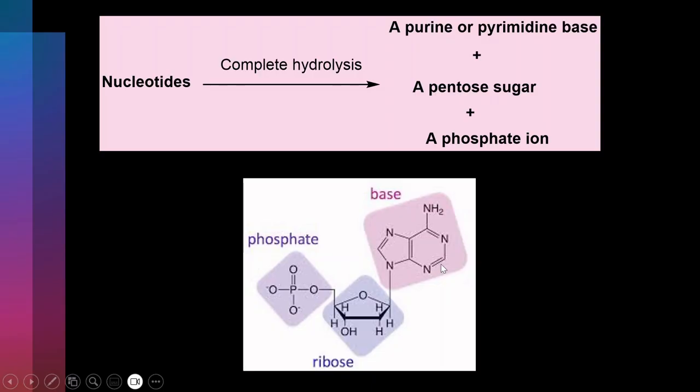Here, the heterocyclic base is linked to a pentose sugar, a sugar containing 5 carbon atoms or 5 ring members, and that is linked to a phosphate ion. So a nucleotide is a complex molecule containing a heterocyclic base linked to a pentose sugar linked to a phosphate ion.